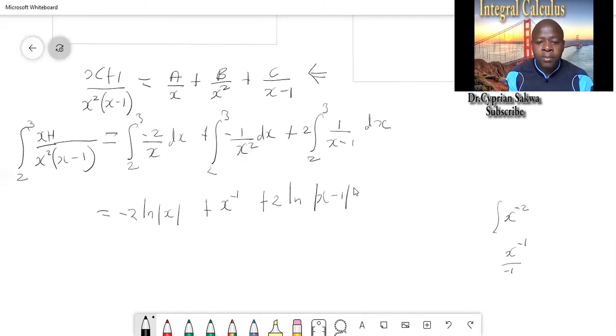There is no need of putting the constant of integration because we are dealing with a definite integral. So we just put our limits.